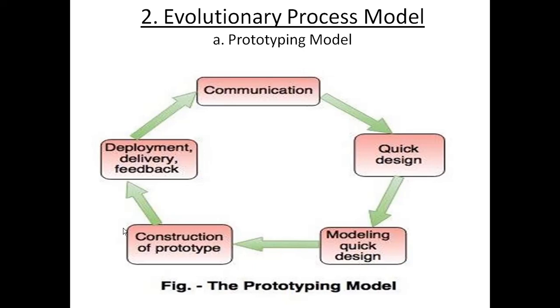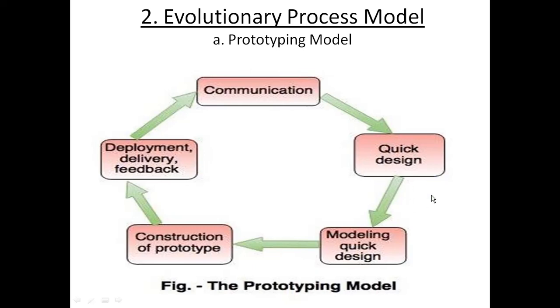So the first one is the prototyping model. The prototyping model has phases: communication, quick design, modeling quick design, then construction of prototype, and deployment. As you can see, it is in a circular fashion. After communication, we do the quick design of the requirements.